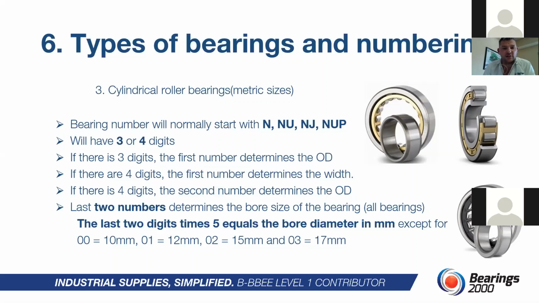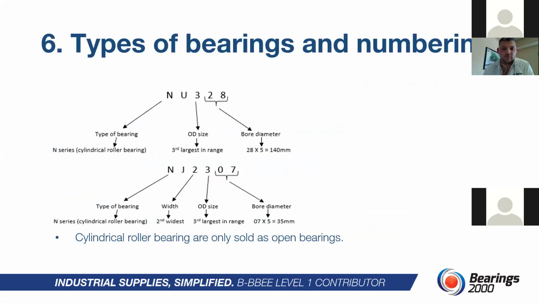And once again, the last 2 numbers determine the bore size of the bearing. Then we'll look at examples of a part number there, NU328 or NJ2307. Cylindrical roller bearings are only sold as open bearings.